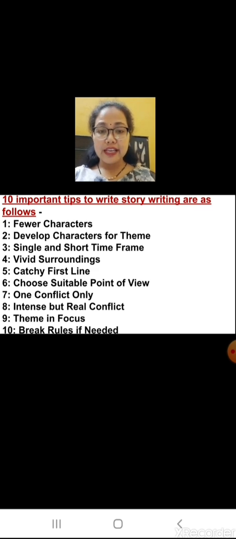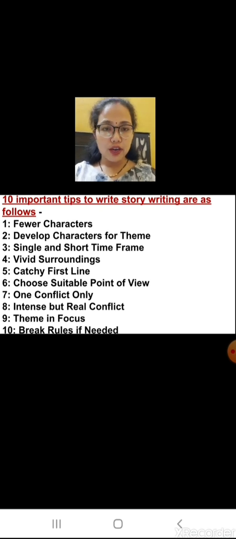Fifth, catchy first line. Sixth, choose suitable point of view. Seventh, one conflict only. Eighth, intense but real conflict. Ninth, theme in focus. Tenth, break rules if needed, not unnecessarily.